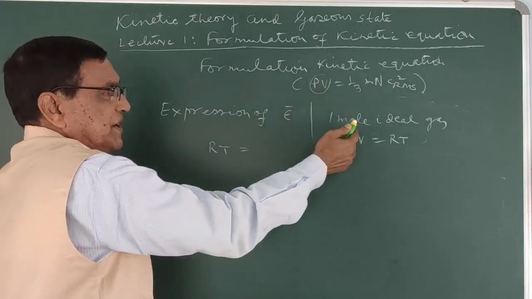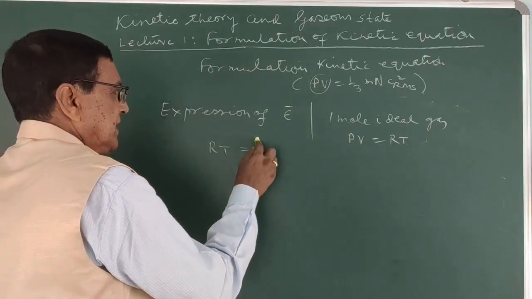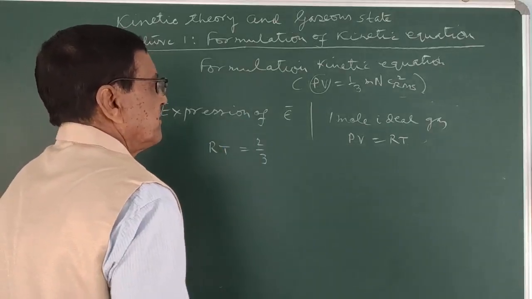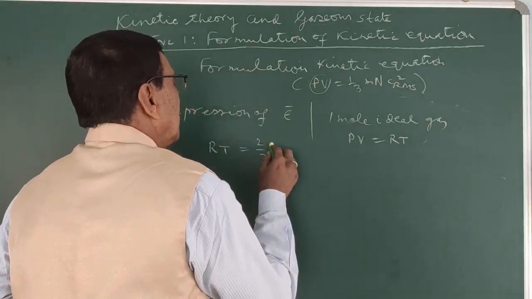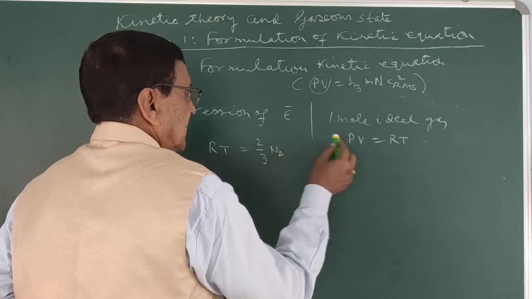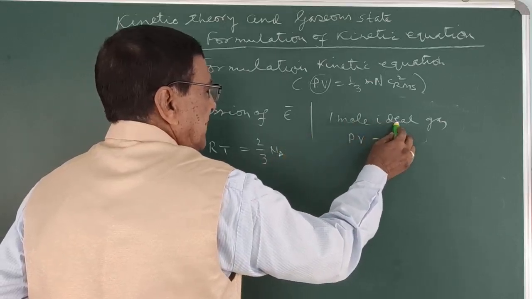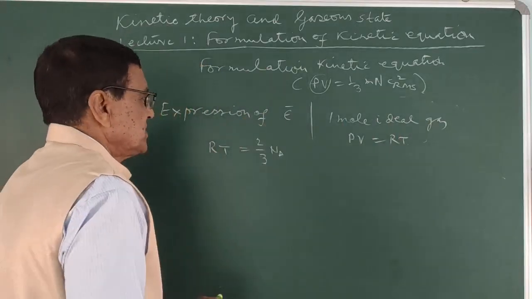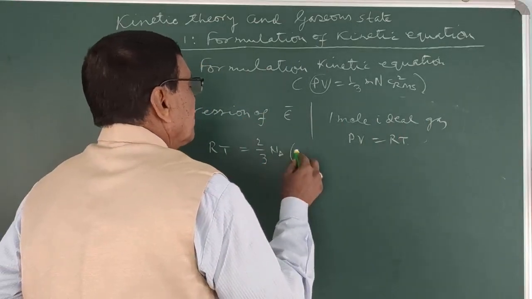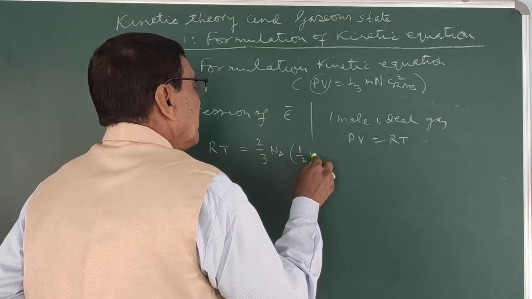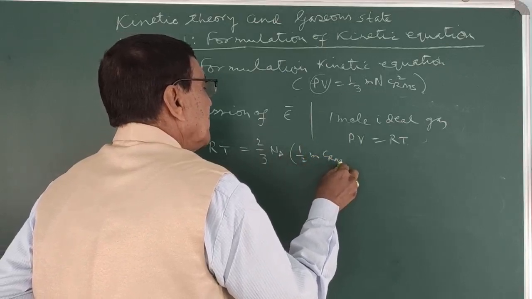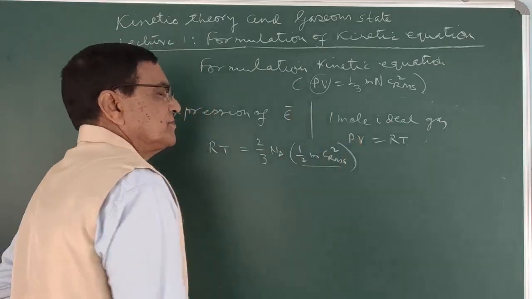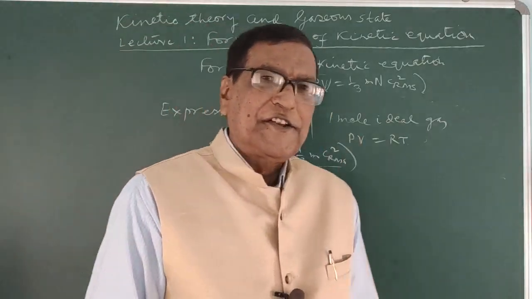Instead of PV, we can write this RT equal to 2 by 3 and Avogadro number, because whenever we consider 1 mole of ideal gas, it contains Avogadro number of molecules, and this one is half m c RMS square, and this one is the average kinetic energy.